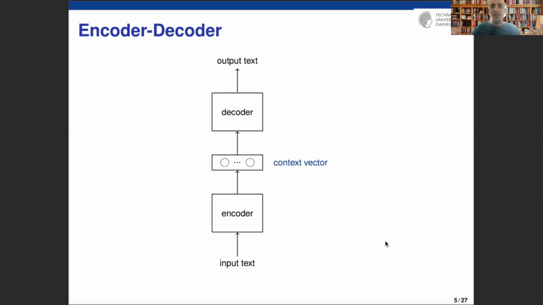Then we take these two pre-trained models, one as the encoder and one as the decoder, and we connect them together. Then we are dealing with a model that is trained in a pipeline fashion.